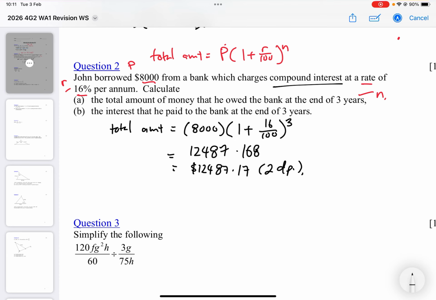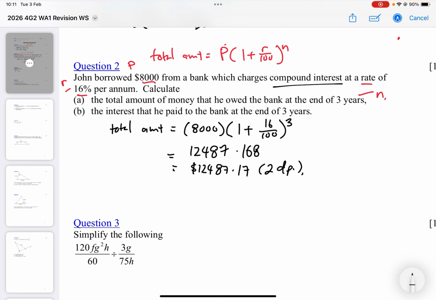So in this case I borrow 8,000, but in the end this 8,000 has become $12,487. Meaning if I borrow 8,000, I don't just pay back 8,000 anymore. It has become $12,487. So I borrow 8,000 but I pay back 12,487. Okay, this is the total amount.